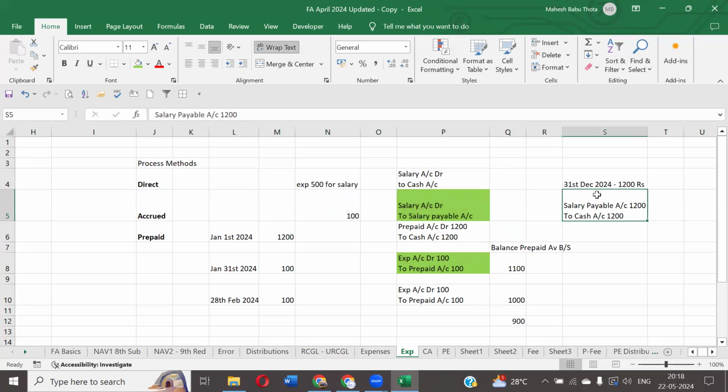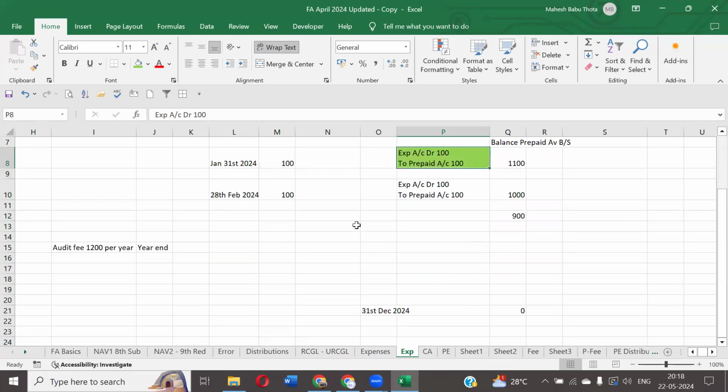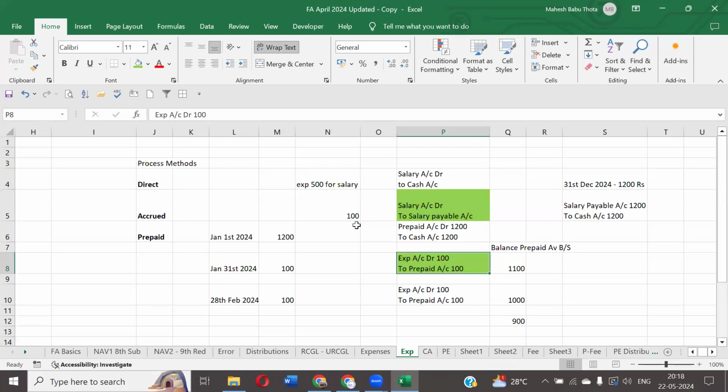Again, there won't be an impact in the settlement. Coming back to the prepaid: while creating the prepaid, there won't be any impact on the total NAV. But on a month-end basis, when we are amortizing the expense, again there will be an impact on the NAV. So this is the impact on NAV calculations for the expenses. Is everyone clear with this?